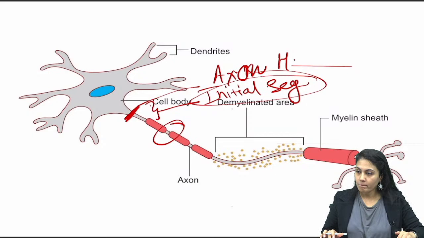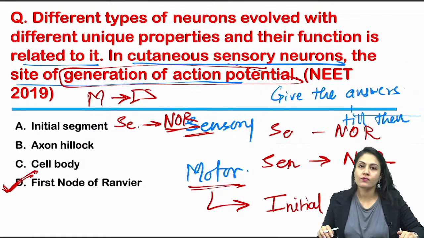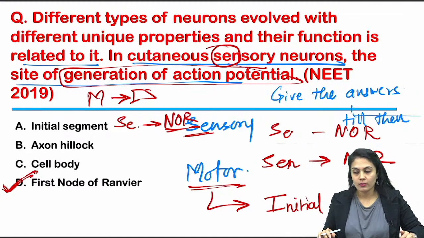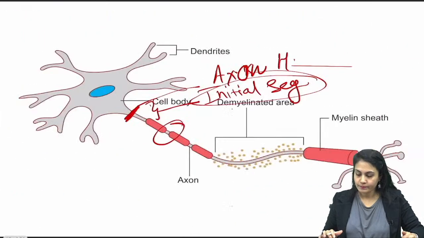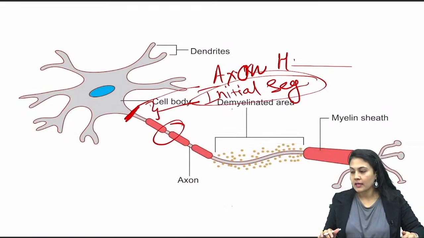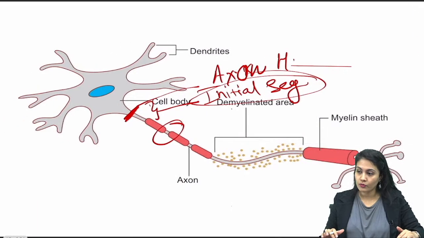Yes, it's the first node of Ranvier. The answer over here is the first node of Ranvier, since they ask about sensory neuron. So please remember that if the motor neuron is there, then the answer will be the initial segment. If it is the sensory neuron, you can remember Miss Senorita. Don't forget her.